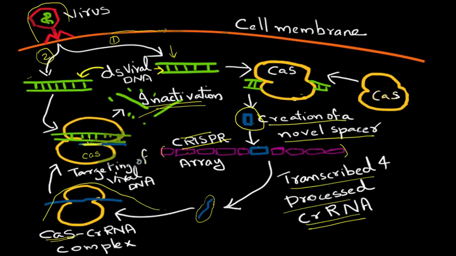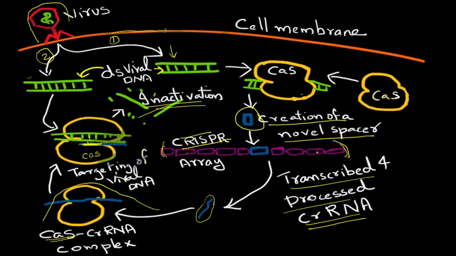Now this is a system which some scientists thought, how can we manipulate that and use that for other genetic engineering purposes. So the basic thing is the CRISPR locus.